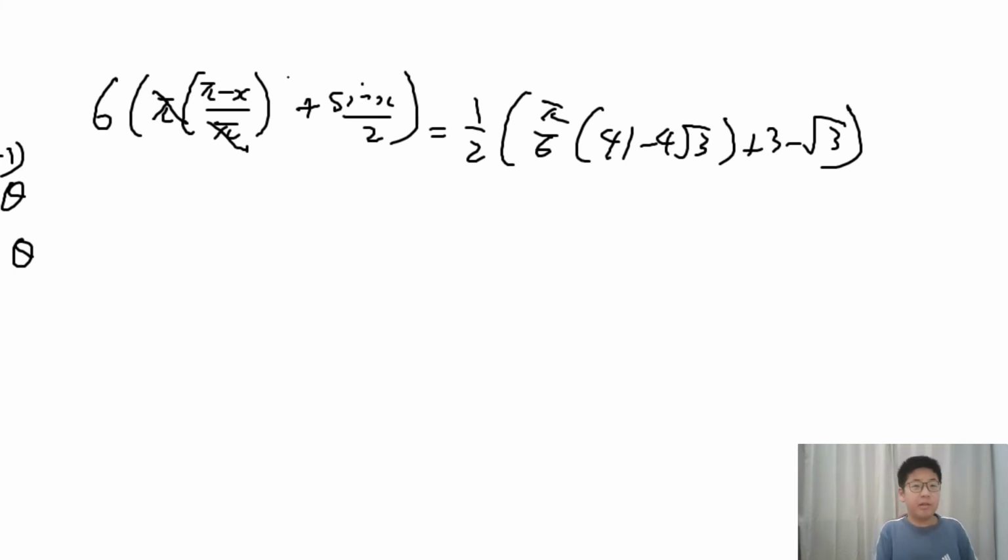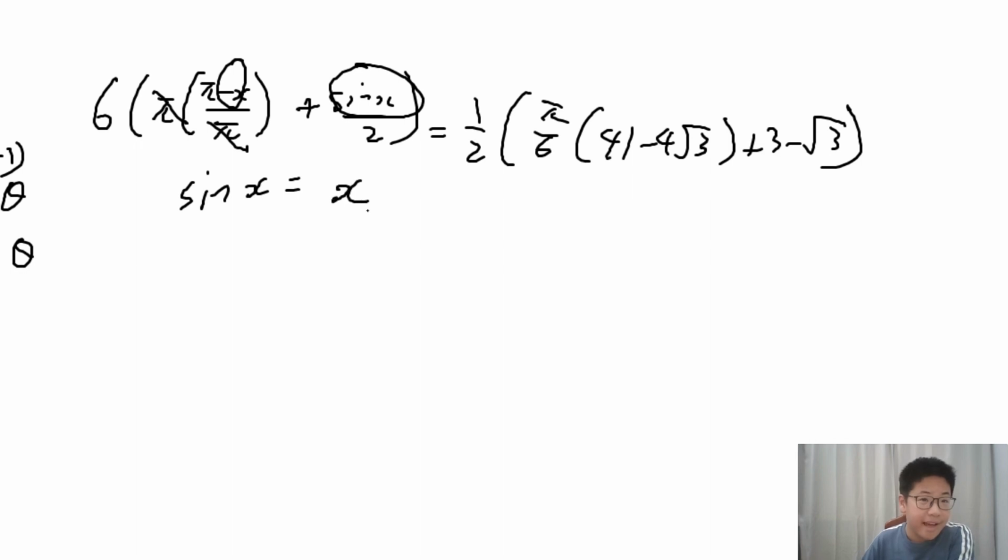So the reason why there is a unique solution is because of this and this. So sine X doesn't have a unique solution per se, but this X will give sine X a unique solution, which goes with the theory of Taylor series. So we are going to explain this using Taylor series. Sine X equals X minus X cubed over 6 plus X to the 5 over 120 plus dot dot dot.